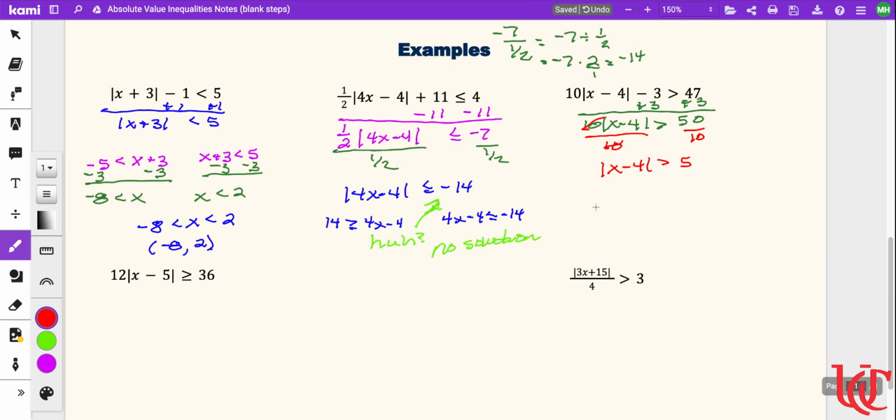Put them in order. So -5 is greater than x minus 4. x minus 4 is greater than 5. Get that x by itself, so plus 4.